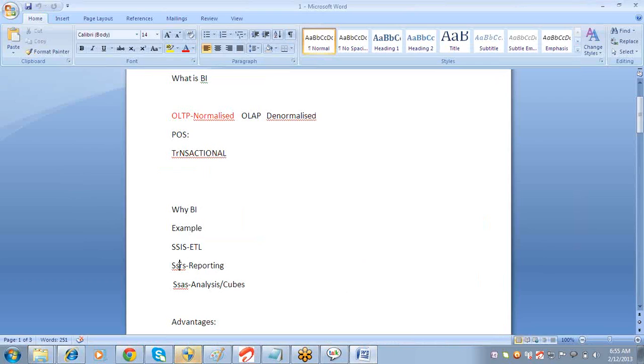Now, let's go ahead with SSRS. What is SSRS? SSRS is a reporting tool, SQL Server Reporting Services. It will give us a design pane wherein we can design the report beautifully in the way we require. You're given a toolbox, everything.